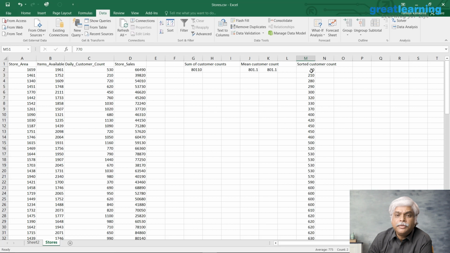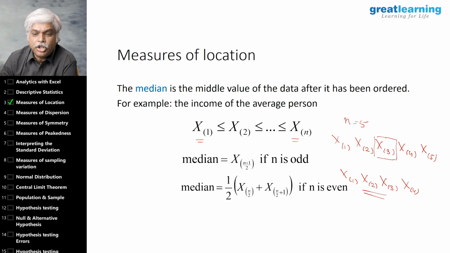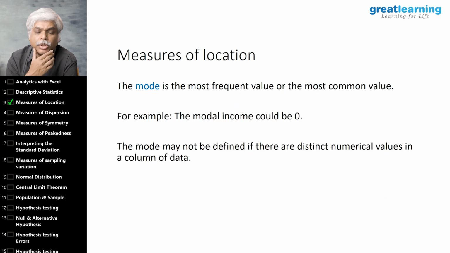The application drives the choice of central tendency measure. A third measure that we can think of, and which is sometimes used, is the mode. The mode is the most frequent value or the most common value.